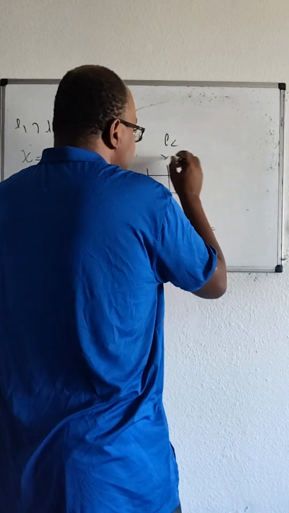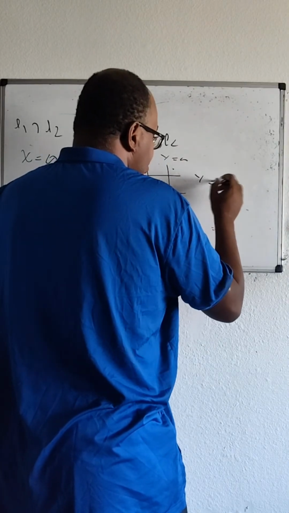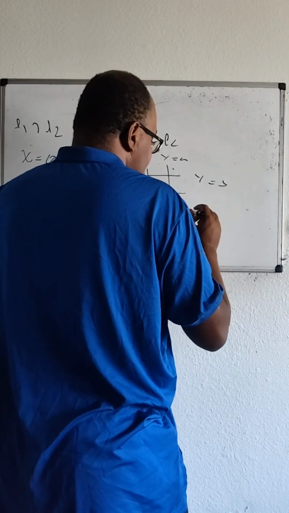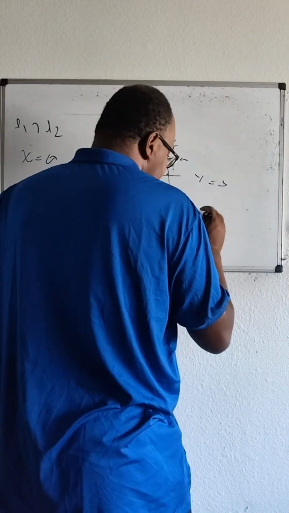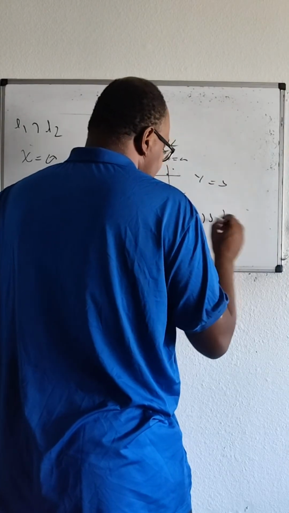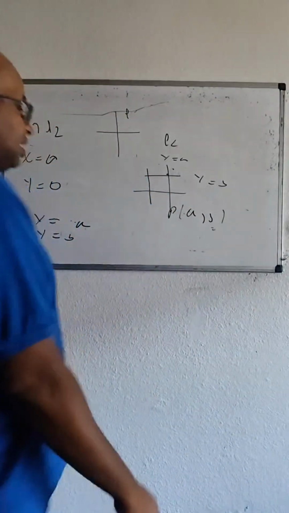So it'll be x equals a, and y equals b. So you have an intersection right there. So you have A and B. Call this P. So you just have an intersection.